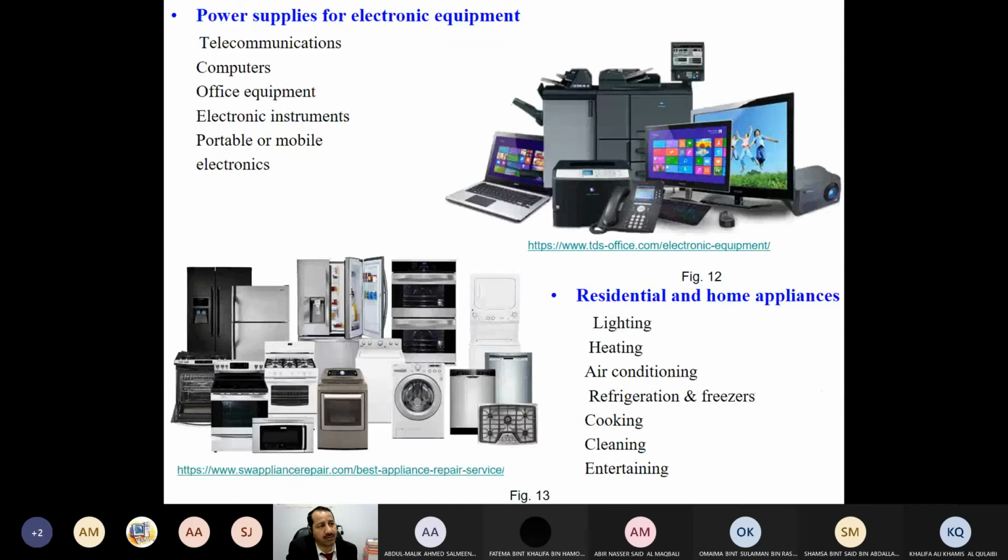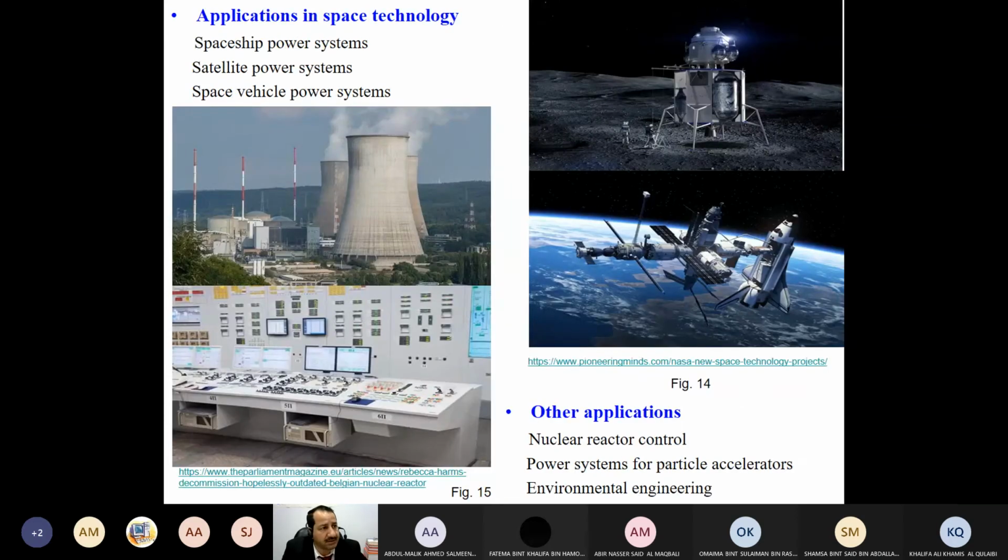And power supply for electronic appliances. You see these equipments: washing machine, refrigerator, oven, microwave, or in our offices, our laptops, printers, scanners. All this equipment, lighting, heating, air conditioning, cooking, cleaning, all use power electronic converters.